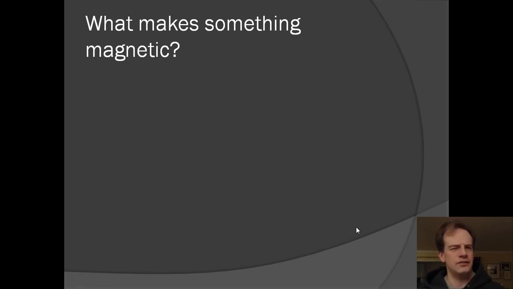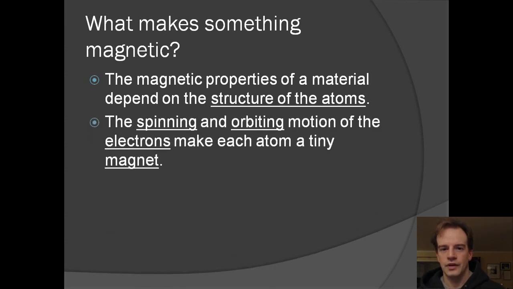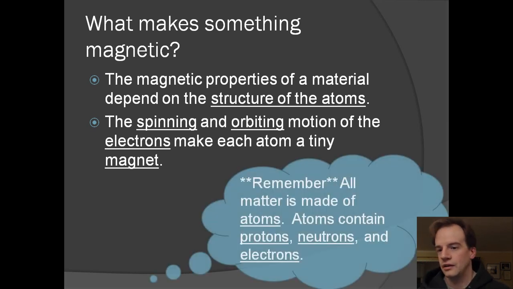So what is it that makes something magnetic? Well, this magnetism depends on the properties of the structures of the atoms. The spinning and orbiting motion of the electrons make each atom a tiny magnet. And remember that all matter is made up of atoms, and atoms contain protons, neutrons, and electrons.